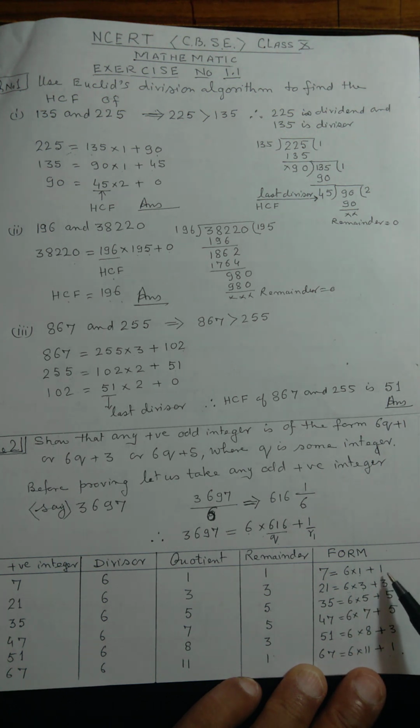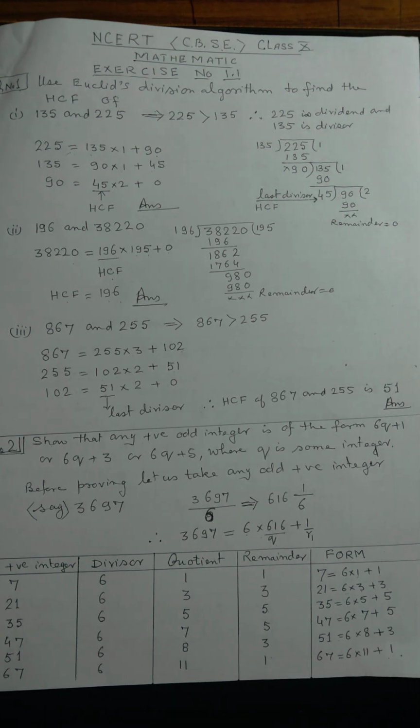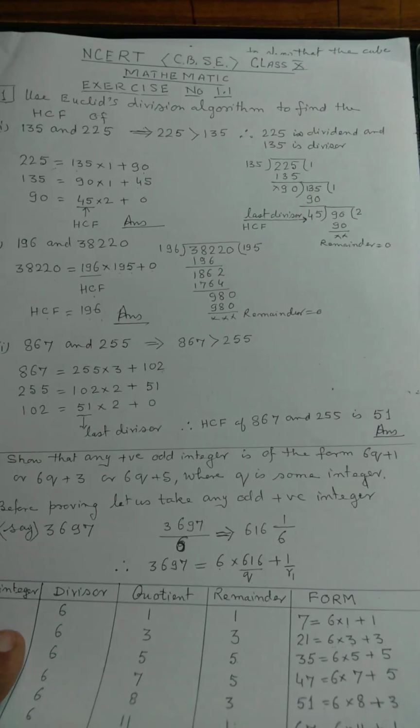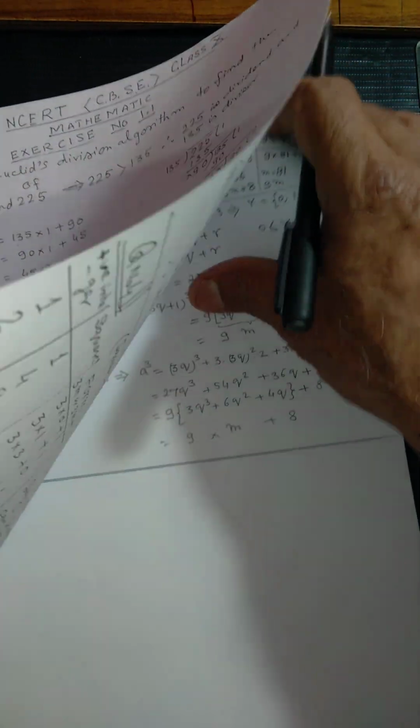So in all cases you see the remainder is either 1, 3, or 5. I have taken this example to make you understand so that we can proceed.